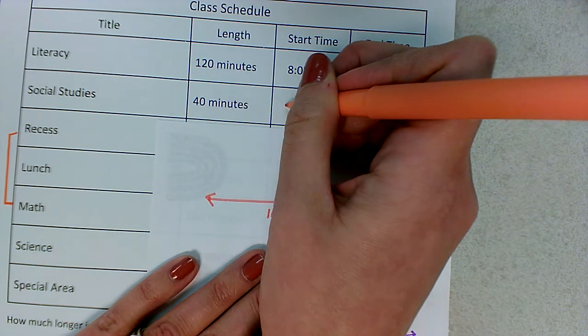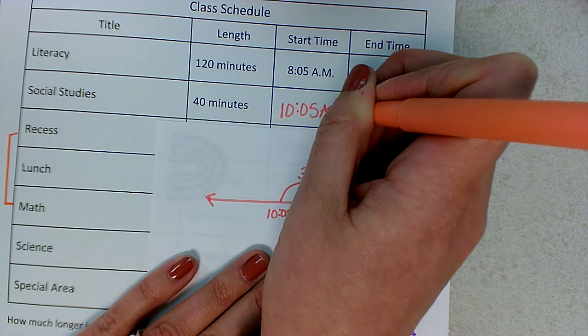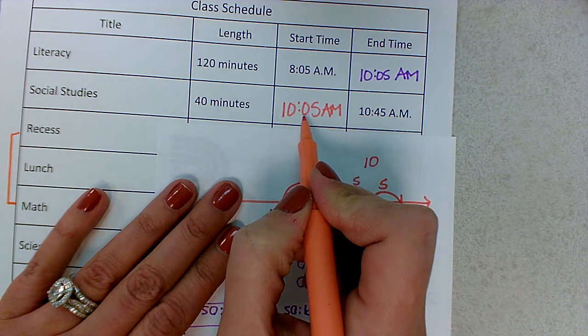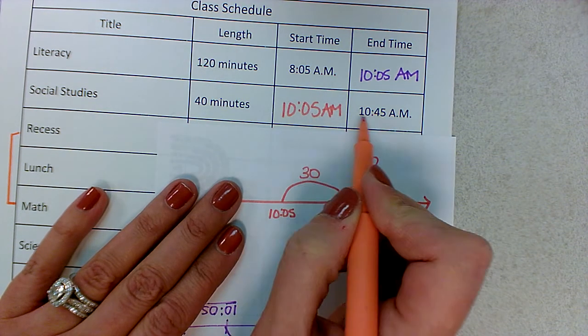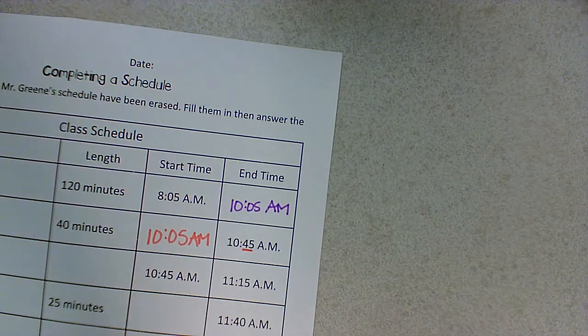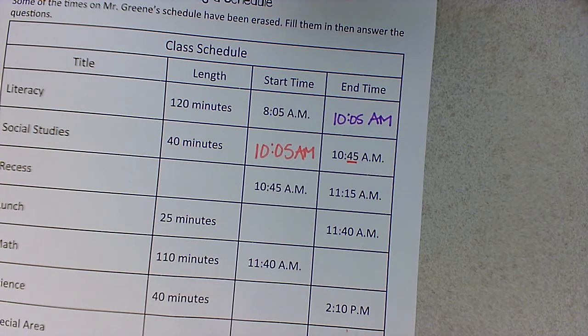And so my start time for social studies is 10:05 a.m. Now I can always check and say, okay, 40 minutes. If I added 40 minutes to 5, well, there we are. We end at 10:45. So you're going to see some with your clocks like we first did. And you'll have to fill in some of the schedule as well with that elapsed time. Great job.